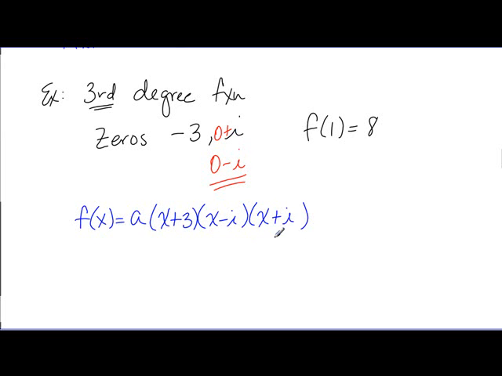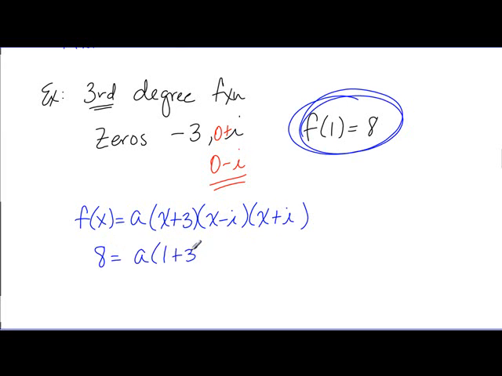Now, this is when f of 1 equals 8 becomes important. If you plug 8 in for f of x and 1 in for x, that's going to allow you to solve for the coefficient a.